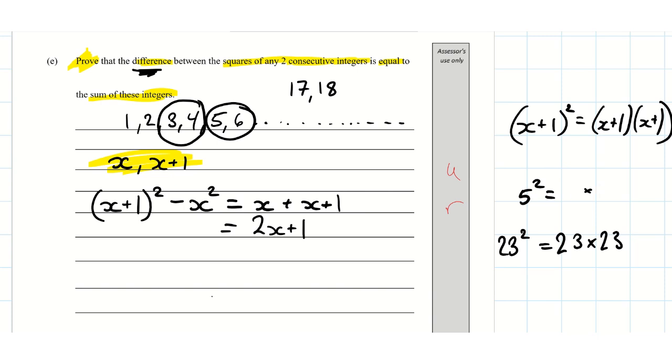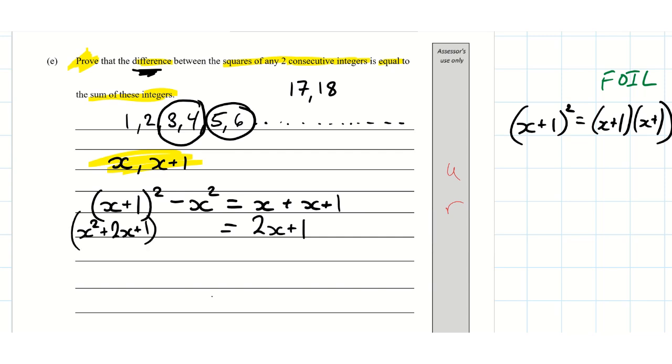So when I do my FOIL process on this little bit here, I get x squared plus 2x plus 1 minus x squared. Yeah, you can go through and check it here if you'd like, but that is what FOIL comes out to.